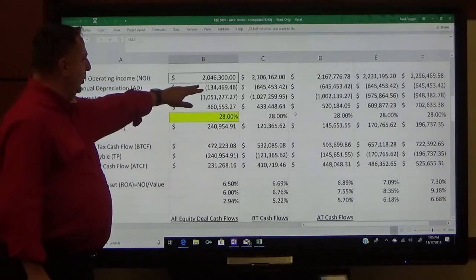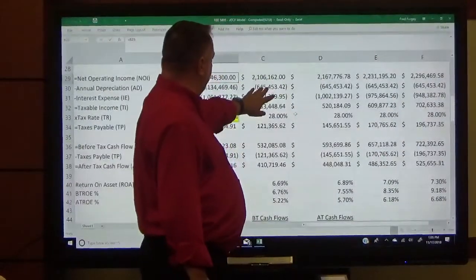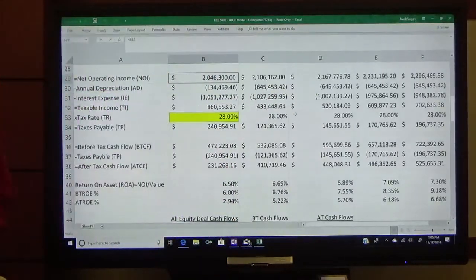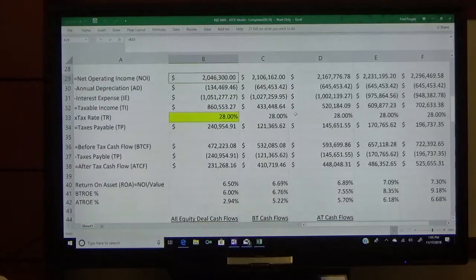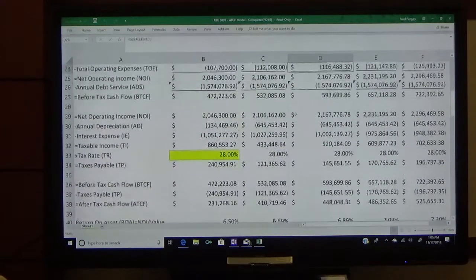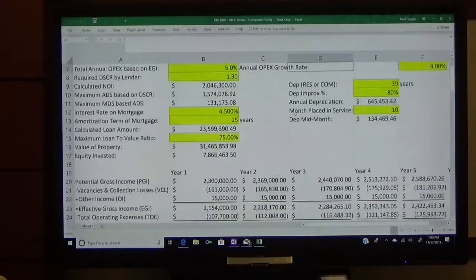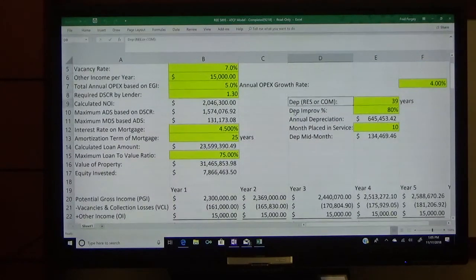Okay, so with depreciation, let's work through how we got this specific number on the spreadsheet. In this case, we have the value of the property as 31 million.